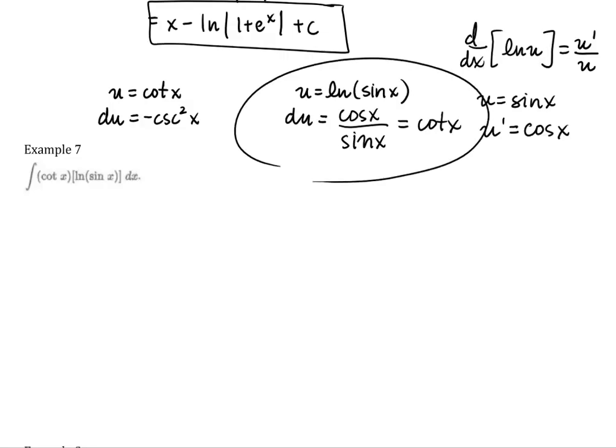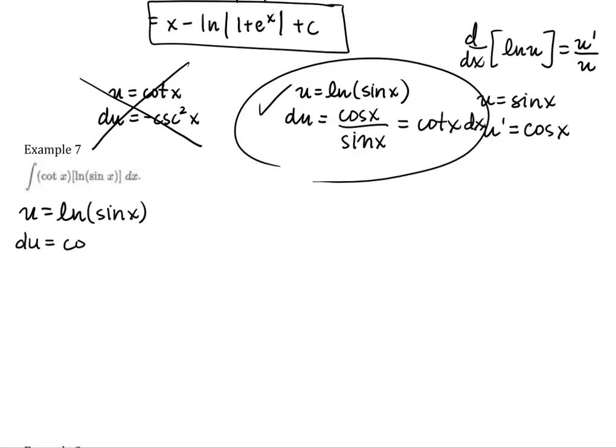So this is a good choice to use for u and du, not so much this one. So I'm going to let u be natural log of sine x, and then du is cotangent x dx.